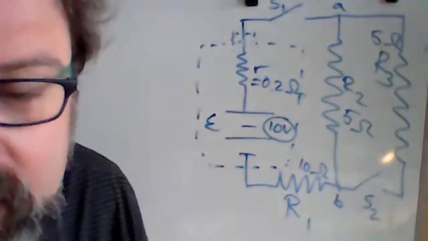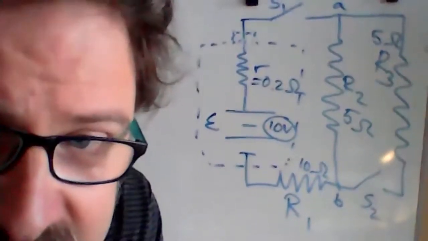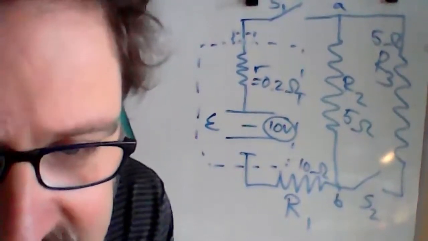They ask for the voltage drop when both switches S1 and S2 are open, and they're looking for the voltage drop A to B. Well, that's cute. So let's take a look, A to B. Actually, let's just describe what happens.